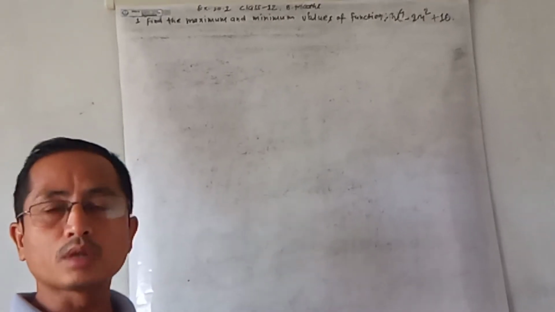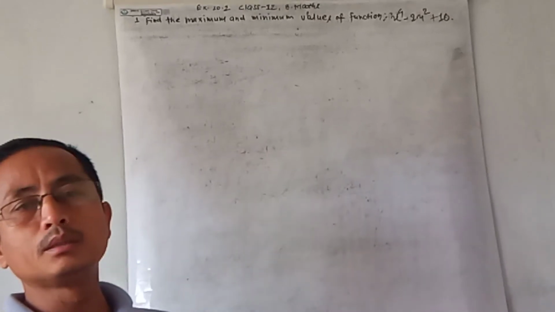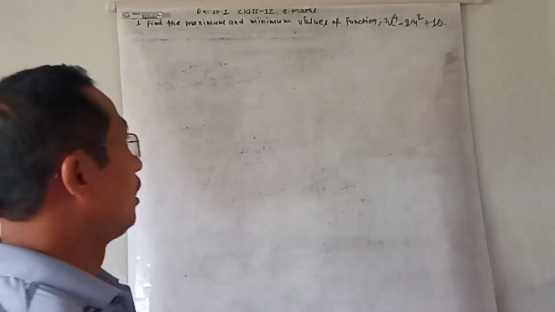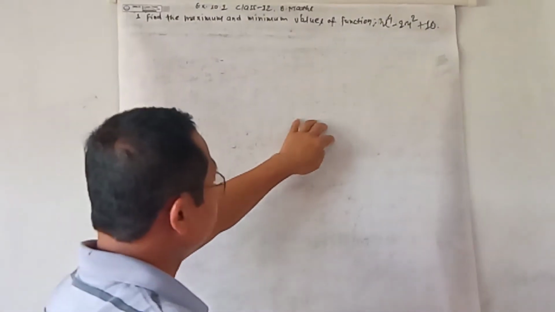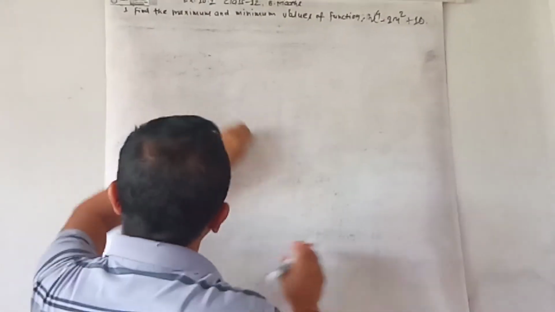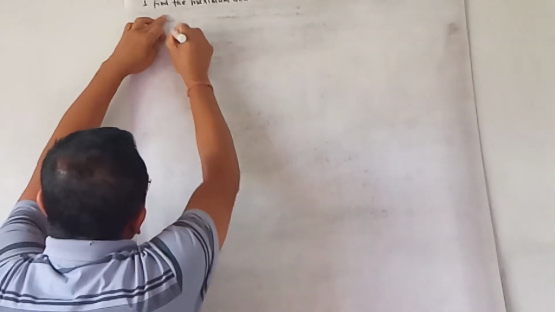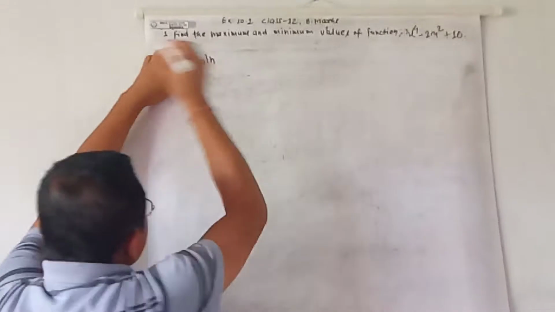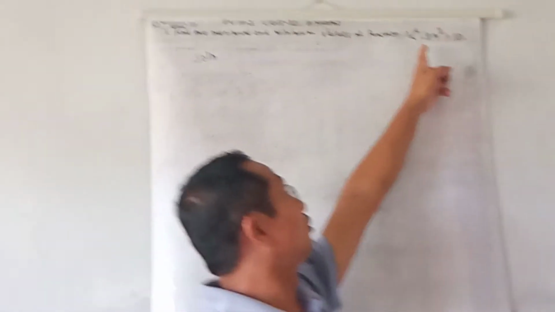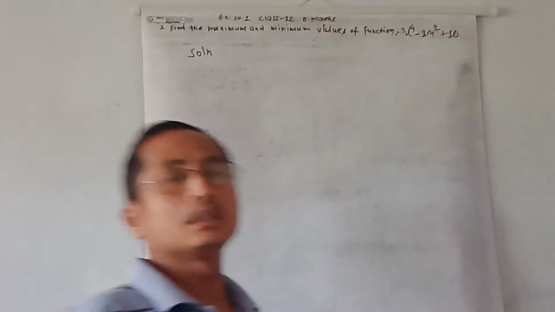First of all we have to calculate the first derivative and second derivative. After that, listen to me here. Solution. The function is given: x power 4 minus 2x square plus 10.